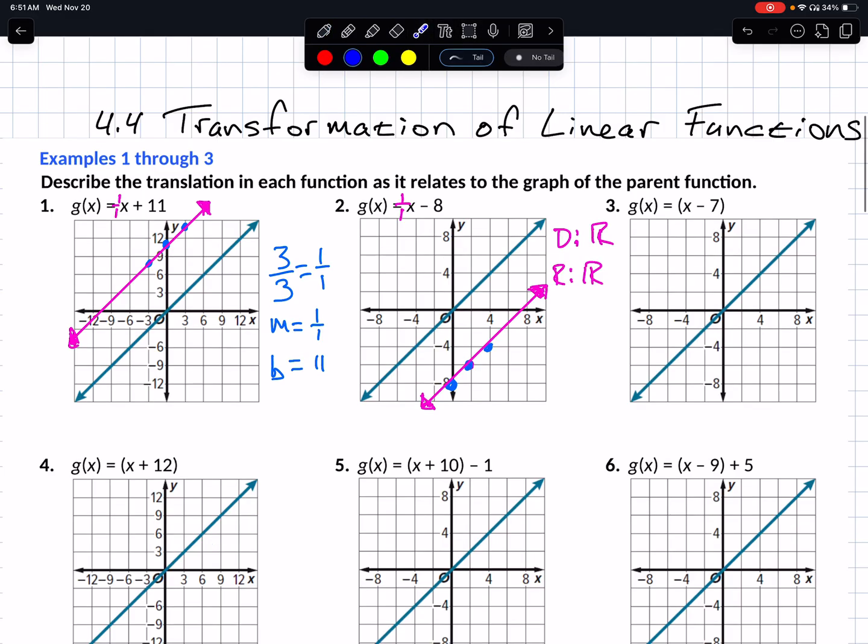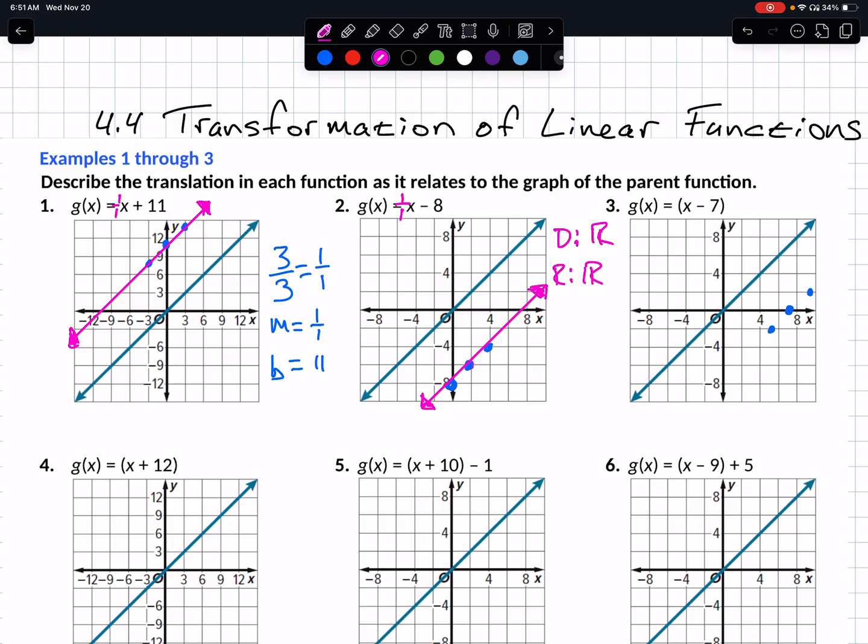Now, because we have parentheses here, if we have a function where we subtract 7 within the parentheses, the function actually moves to the right 7 units. So from the center of the graph, I'm going to move that function right 7 units. I'm going to count up 1 square and to the right 1 square. I'm going to count down 1 square and to the left 1 square.